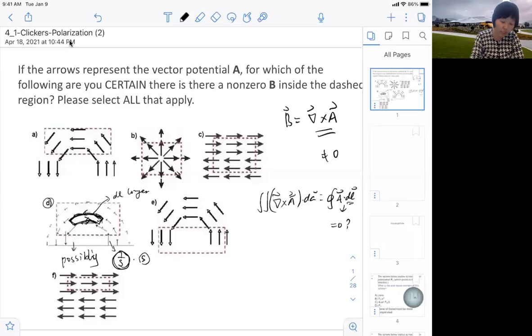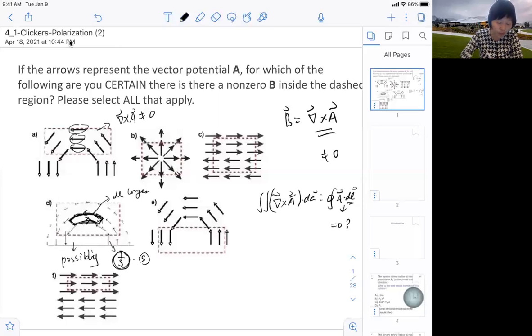So D: possibly no B field, but again, we don't really know how the lines are changing. And A, if you look at A, you can see similar patterns. The difference is these lines do not get smaller. So if you do the same line integration, you can be sure the line integral does not go away. So this one I can say for sure does not have a 0 curl.